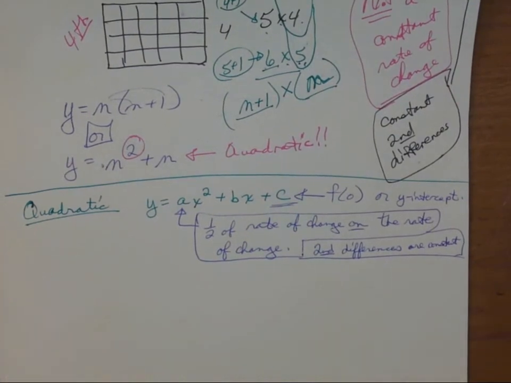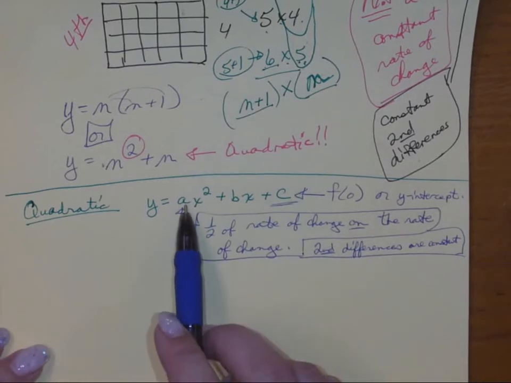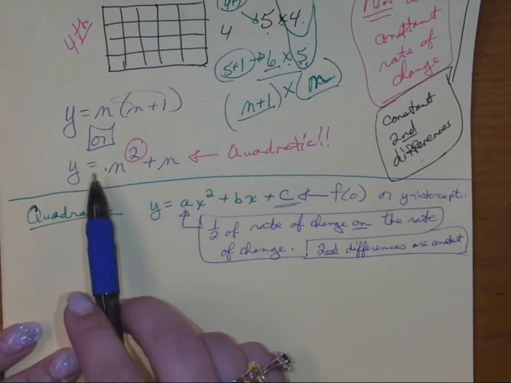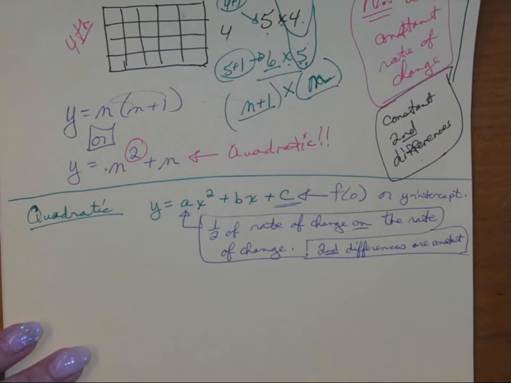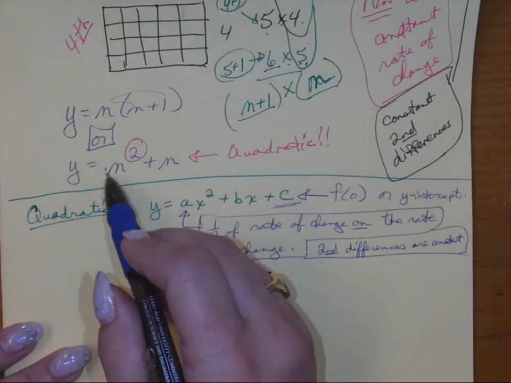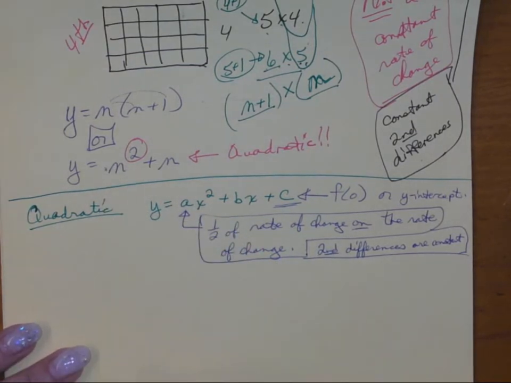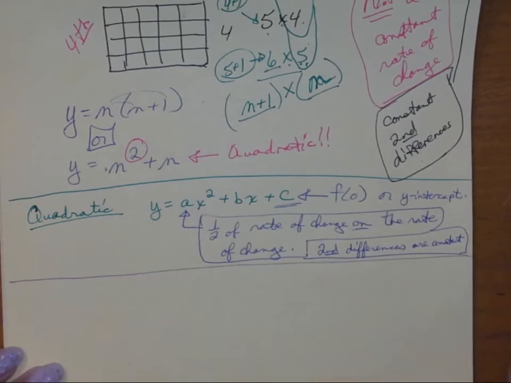And if those are constant, then I'm going to take half of whatever that number is, and stick it in front of my x squared. Here it was a 2, and I've got a 1 sitting out there. We didn't have to know that to be able to do this, but it is nice to see that pattern coming out. So you might see that as you go along.